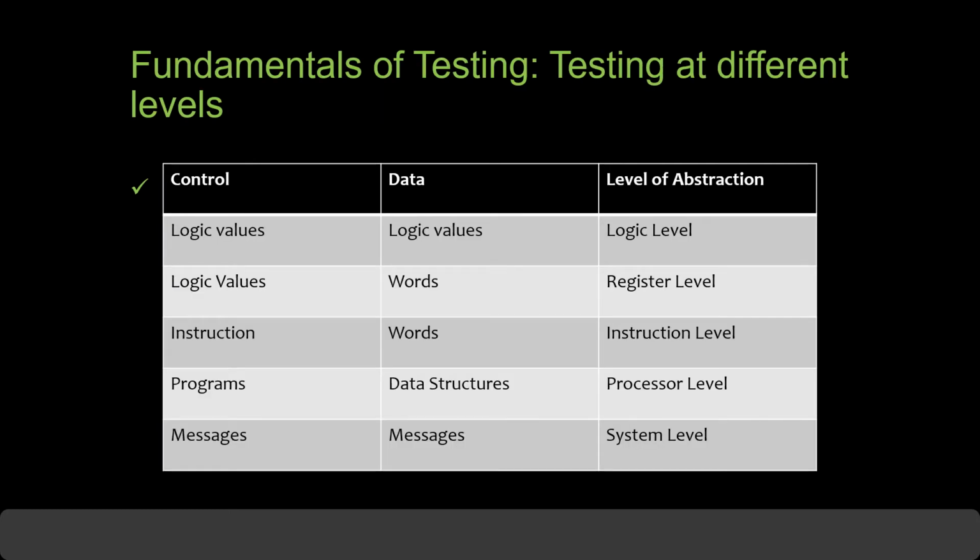Now let's discuss testing at different levels of abstraction. The complexity of a circuit is always related to the level of abstraction required to describe its operation in a meaningful way. Although a digital circuit can be viewed as processing analog quantities like voltages and current, the lowest level of abstraction is always called the logic level.